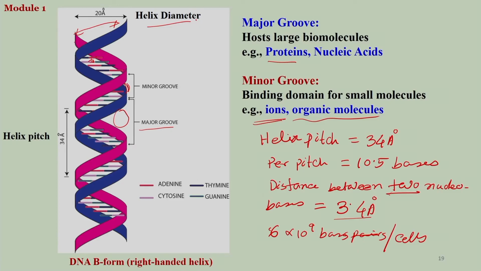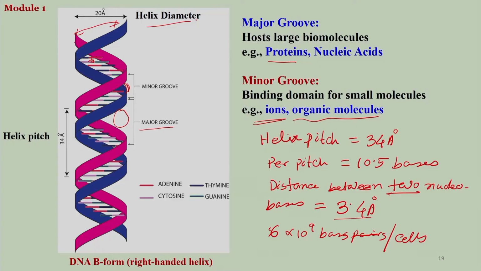Now, if you calculate the total distance between the nucleobases, that will come out as 6 into 10 to the power 9 multiplied by 3.4 angstrom. If you calculate, that is roughly equivalent to 1.8 meter or roughly 6 feet. So, in every cell, the length of a DNA is around 6 feet long.